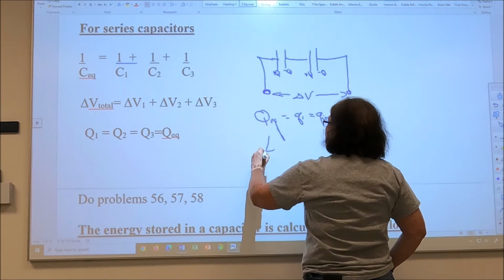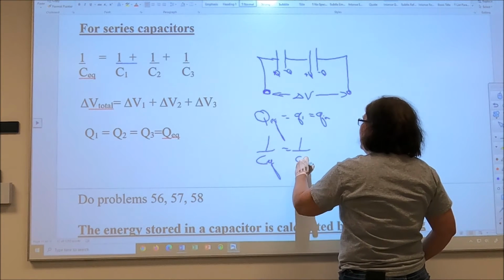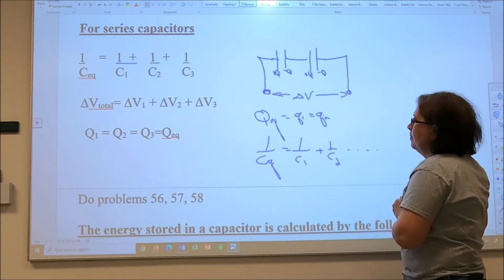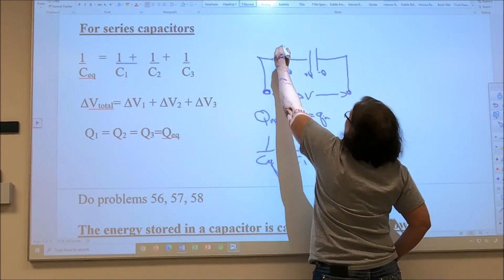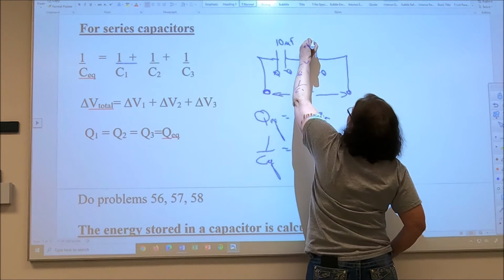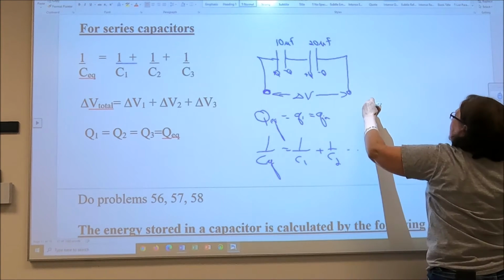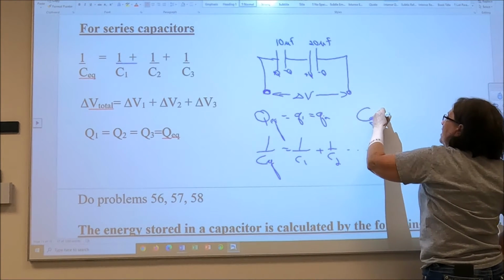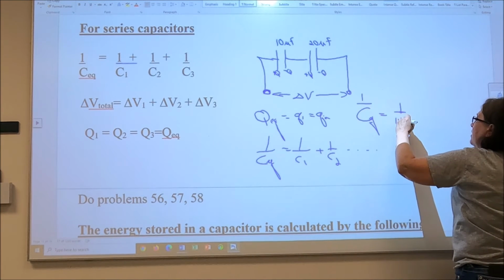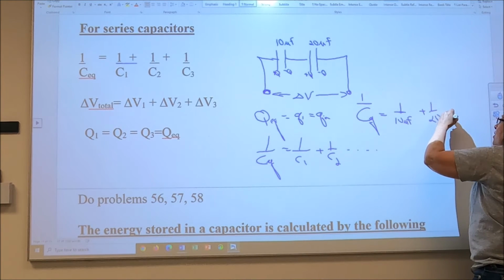Turns out that 1 over C equivalent is equal to 1 over C1 plus 1 over C2, for however many capacitors you have. So if this was a 10 microfarad capacitor and this was a 20 microfarad capacitor, then 1 over C equivalent would be 1 over 10 microfarads plus 1 over 20 microfarads.